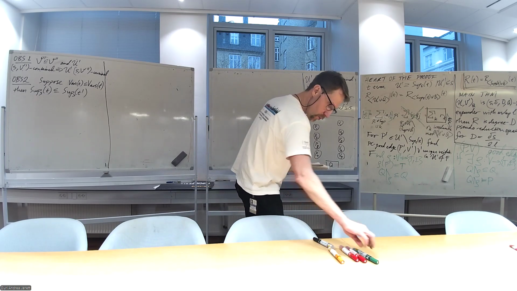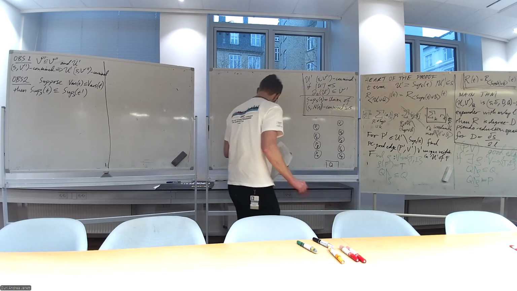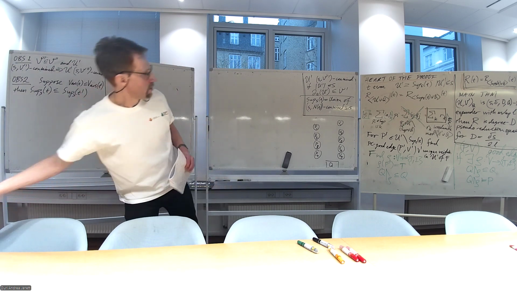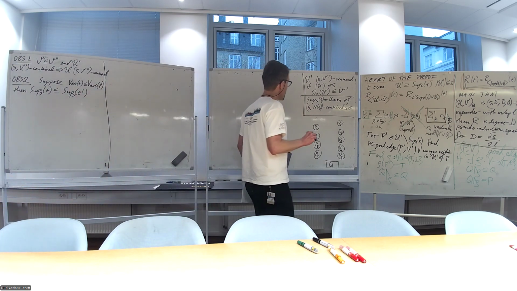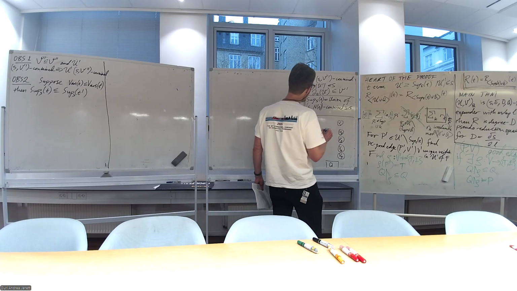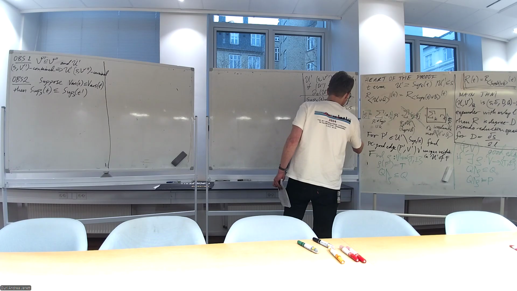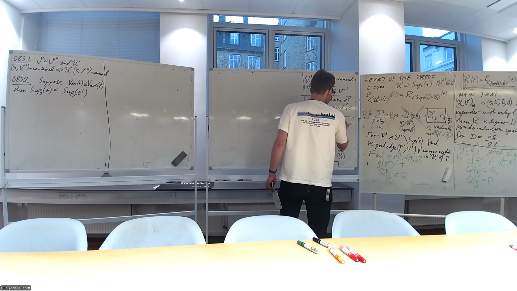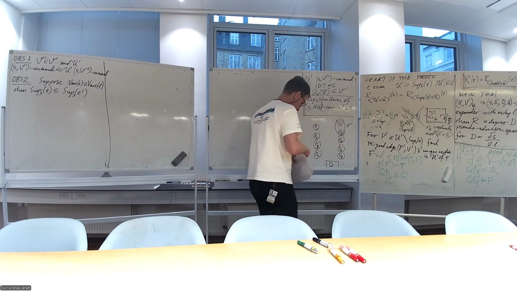And then we have a... we say that something is SV prime contained. So let's suppose that V prime is these two guys.